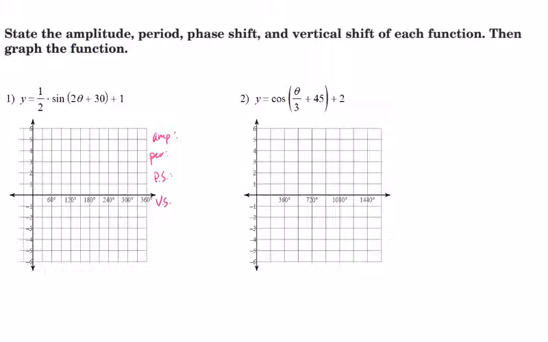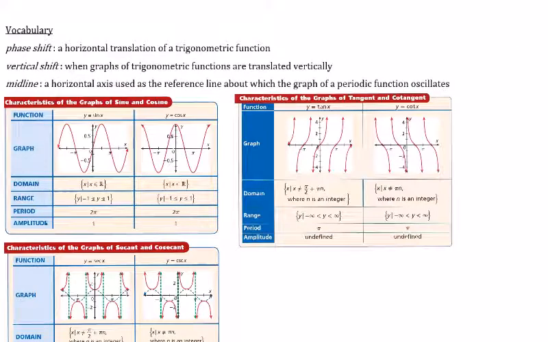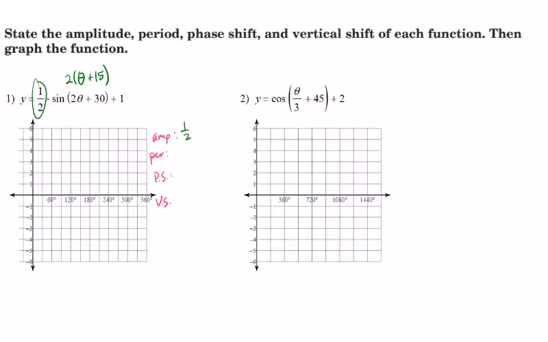So amplitude is 1/2. The period. Now here, see how I have 2 theta plus 30? What I'm going to do is factor out the 2, because if we remember on the last slide, and actually I erased it, we saw that the b was outside the parentheses, right?